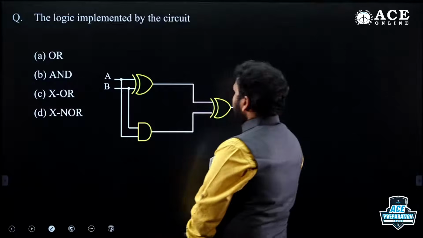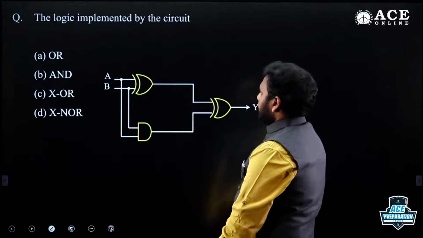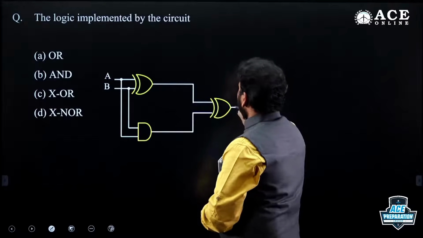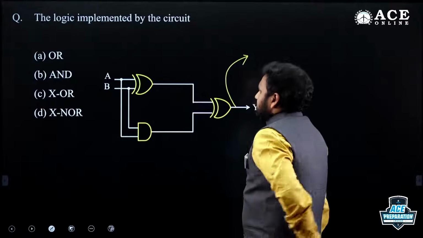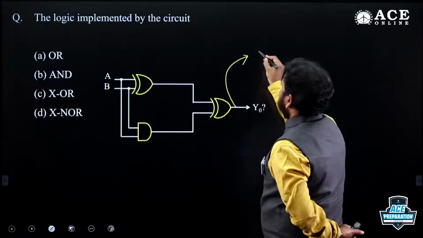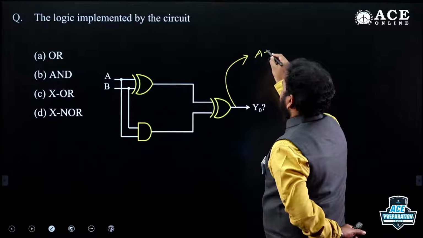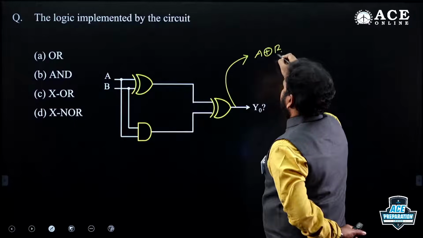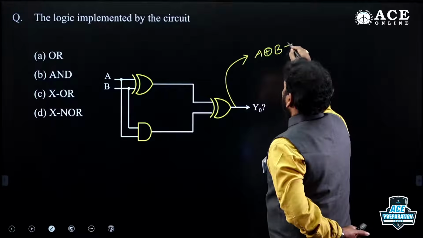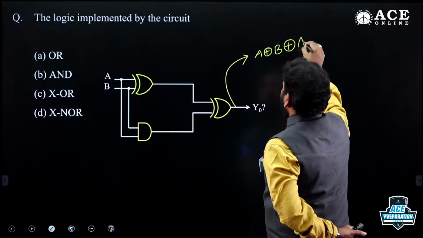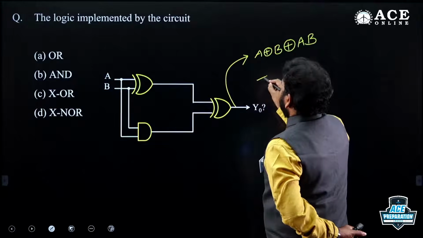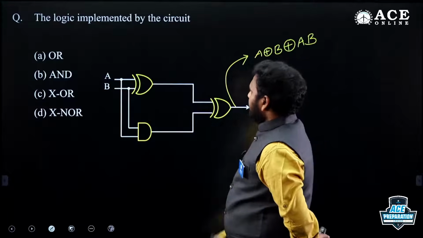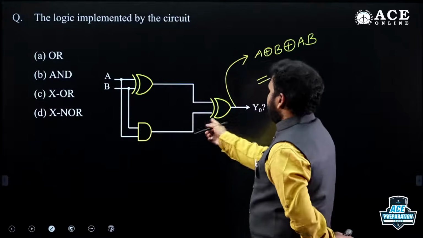The logic implemented by the circuit. A XOR B, XOR AB. This is given in GATE, of course, 1 mark bit. A XOR B, see AB, XOR AB.